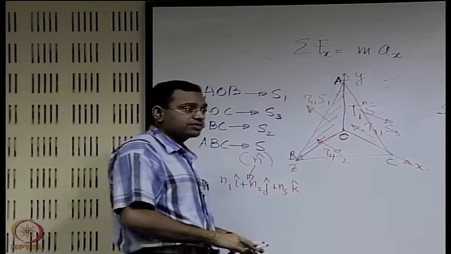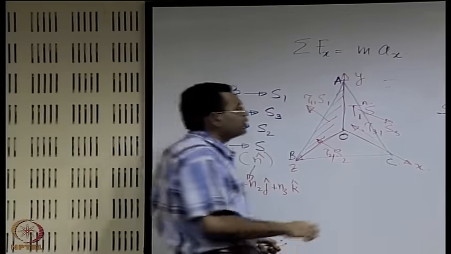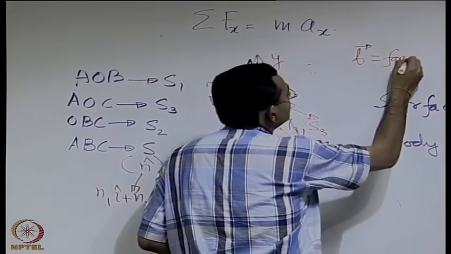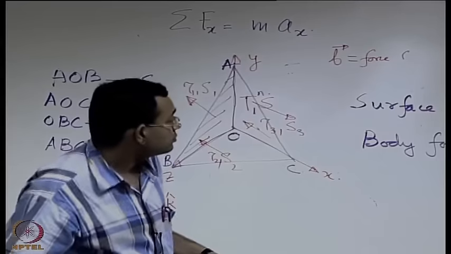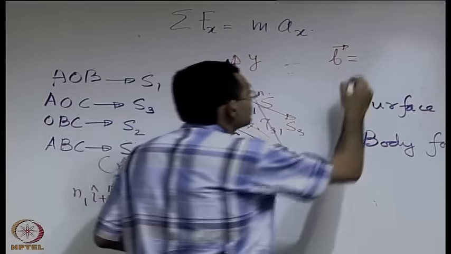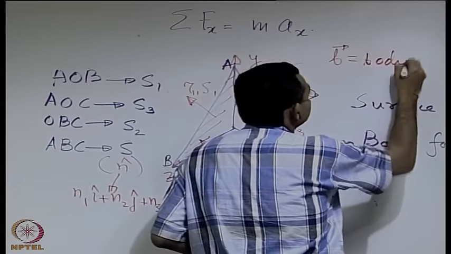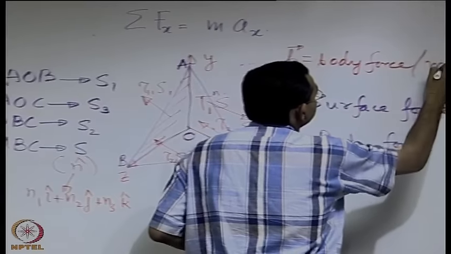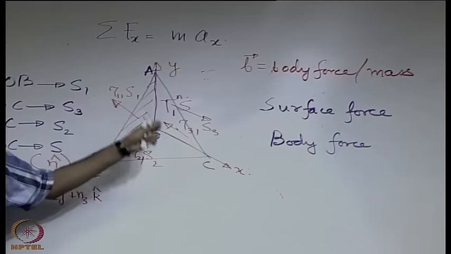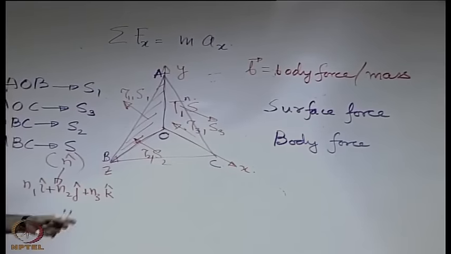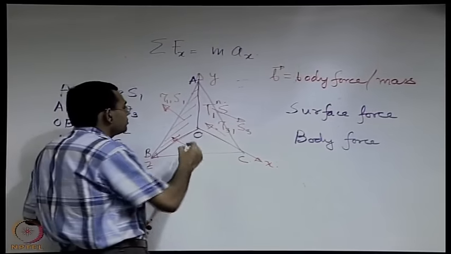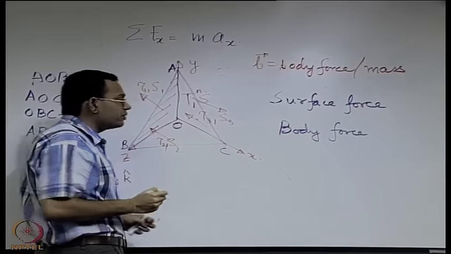What is the body force? Say we call that B is the body force per unit mass. So if we find out what is the mass of the fluid element, let us say we find out first what is the volume of the fluid element.